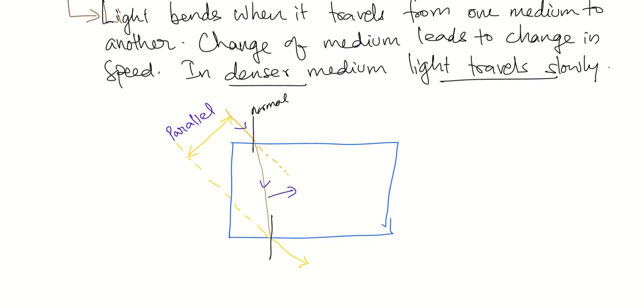So if this was air and this was glass, light bends closer to the normal.